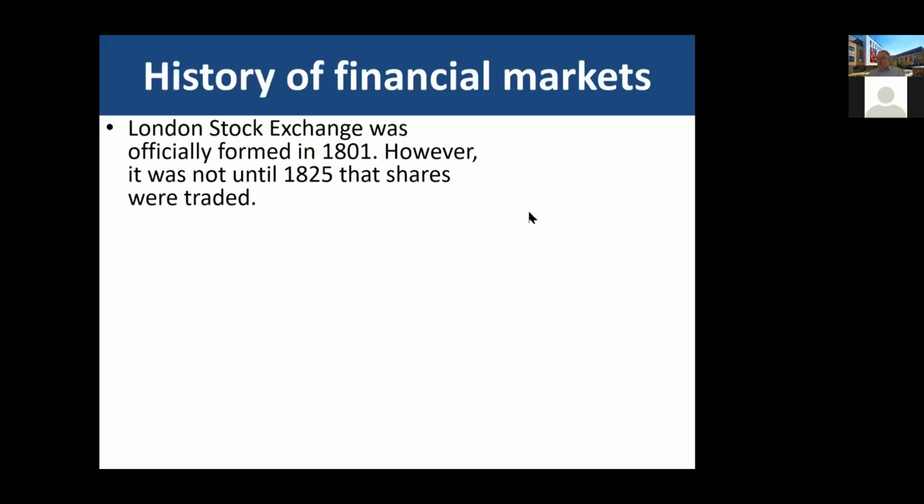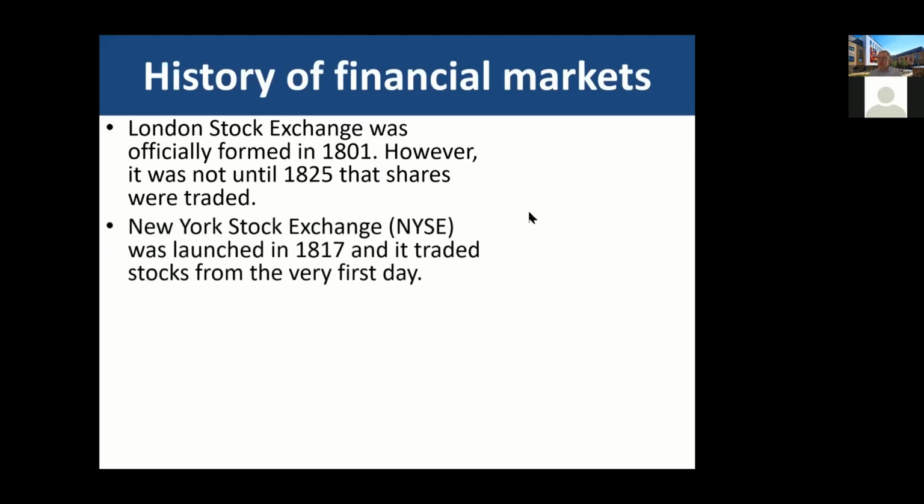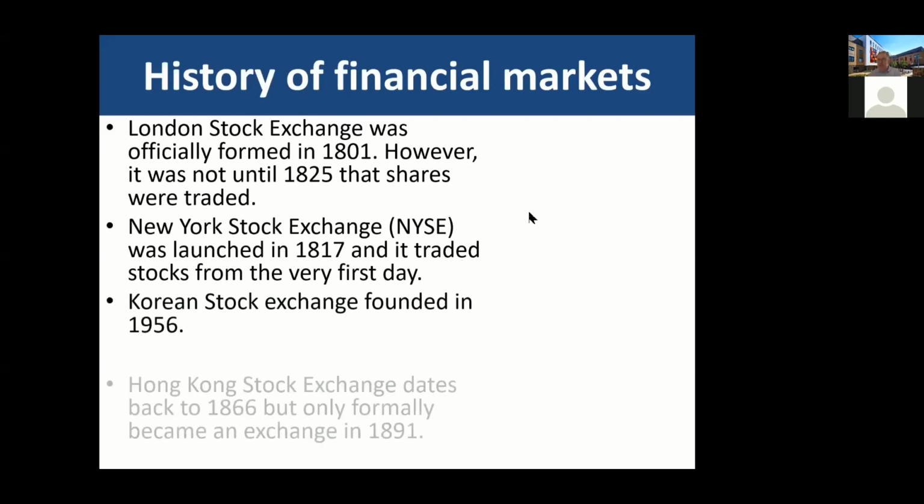The London Stock Exchange was formed in 1801, and it wasn't until 1825 that shares were traded. The New York Stock Exchange, one of the largest in the world, was formed in 1817. Korean Stock Exchange somewhat later in 1956.